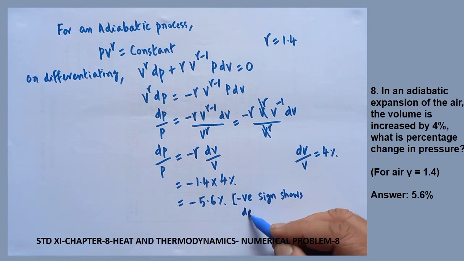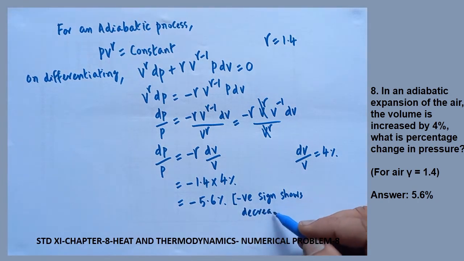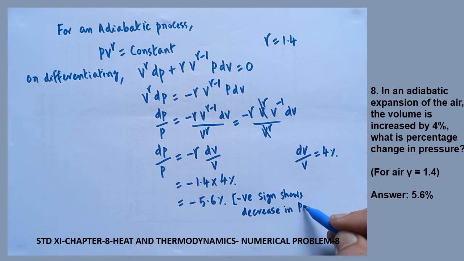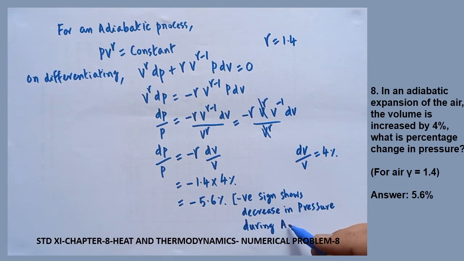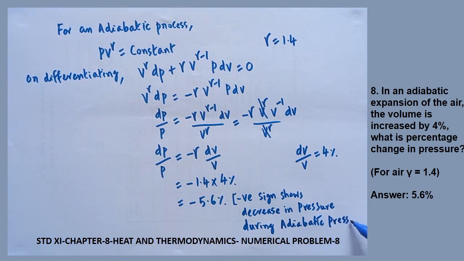The negative symbol shows that there is a decrease in the pressure during this adiabatic process. So the proper conclusion must be written. In the textbook, the negative symbol is not mentioned, but we have to give the appropriate answer finally at the end.